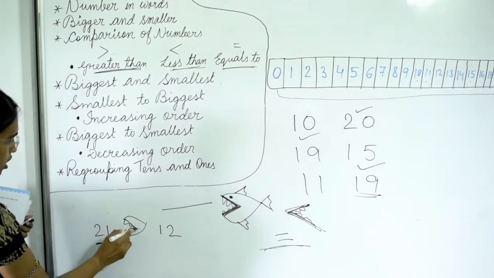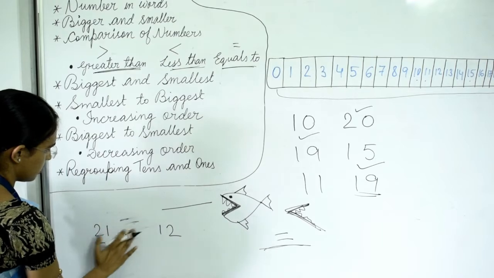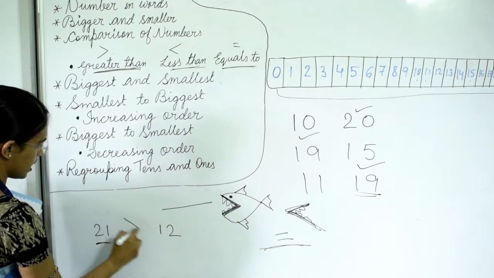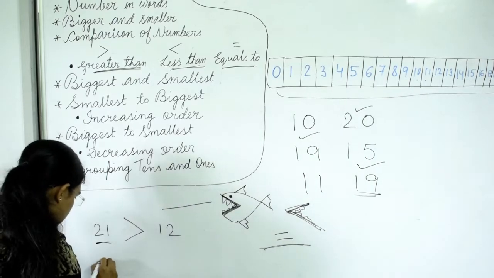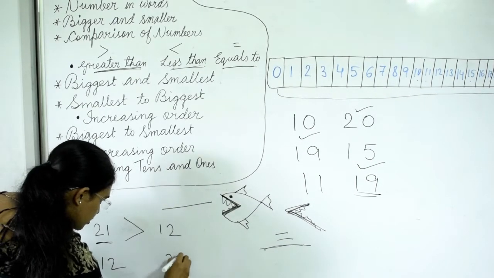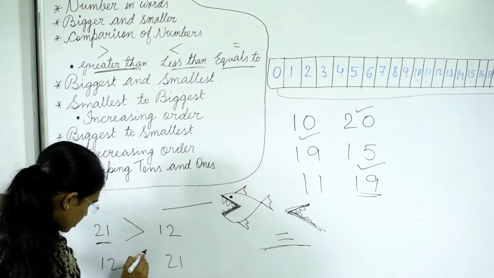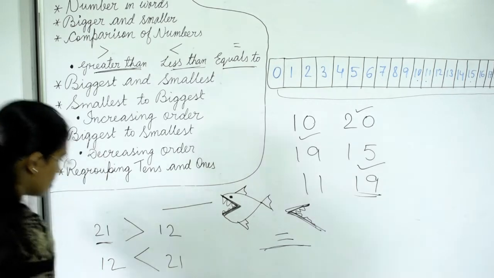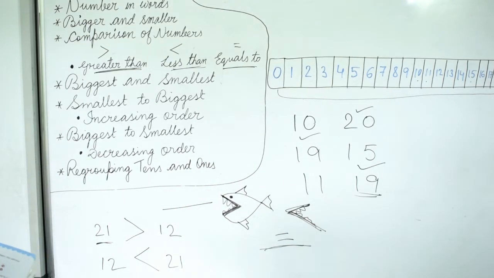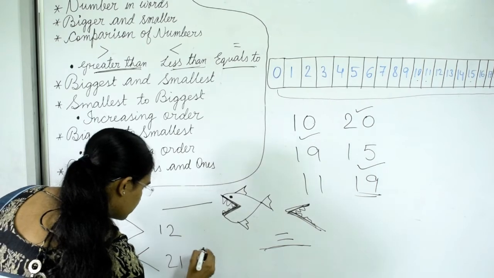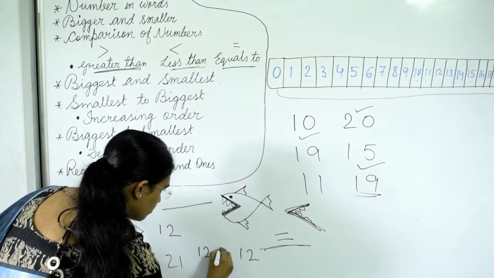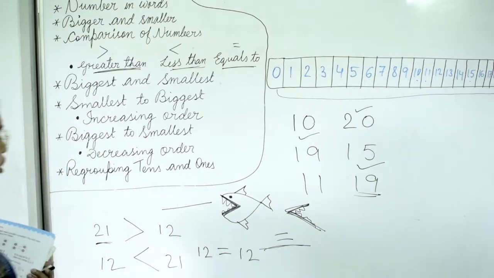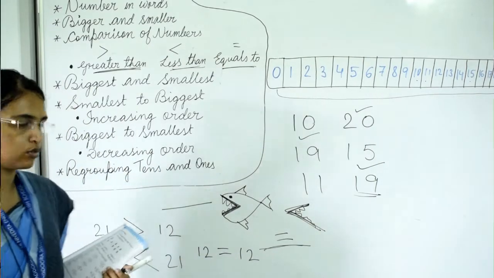This sign is called greater than sign. And if the numbers are in this way, 12, 21, then the sign is this. This is called less than sign. And if the numbers on both sides are the same, 12, 12, then we have to put this sign. This is equals to sign.